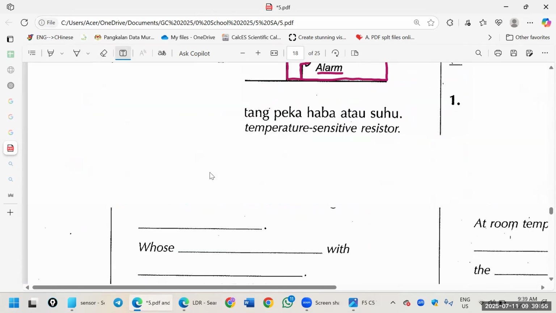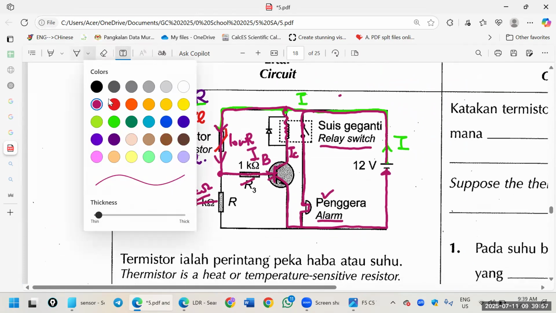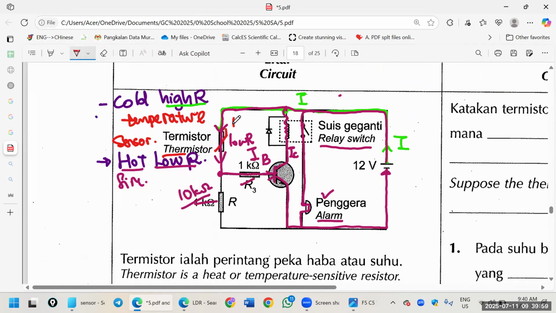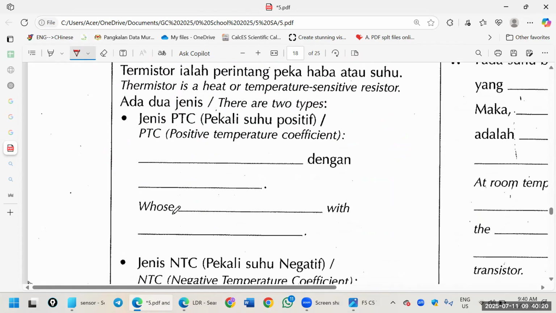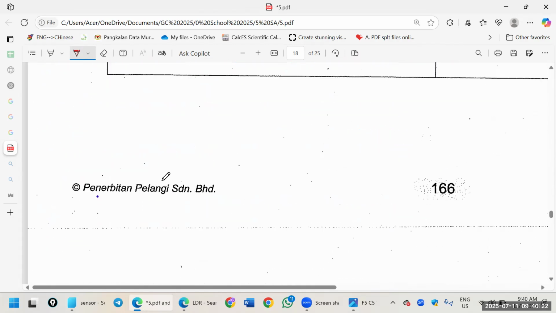So when the thermistor has low resistance, the voltage up here is also low. Up here is low voltage, down here will be high voltage. The voltage here we call the base voltage.